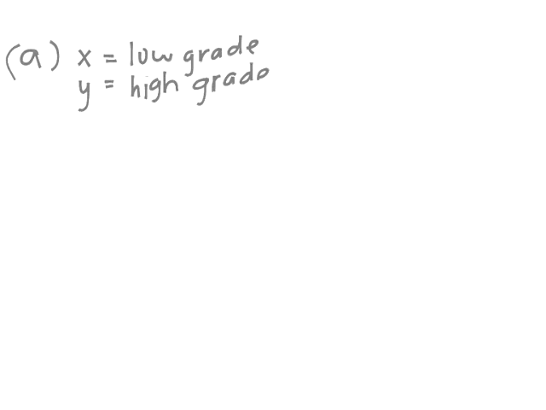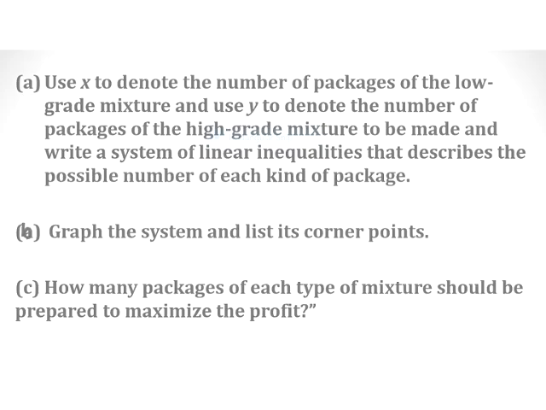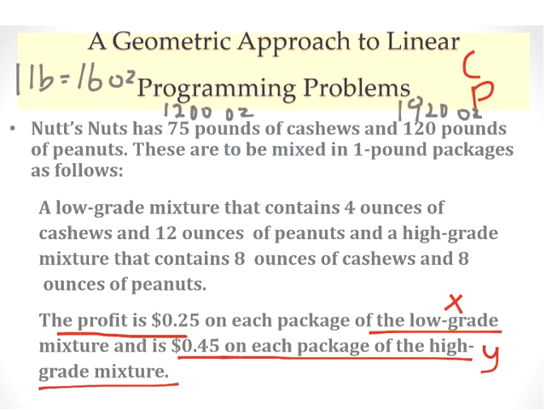So it says that for the low grade and for the high grade, if you want to use the cashews, that is our first limitation. Cashews: 4 ounces of cashews in low grade and 8 ounces of cashews in high grade.